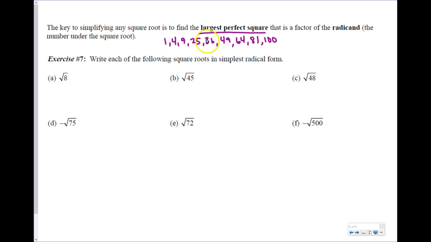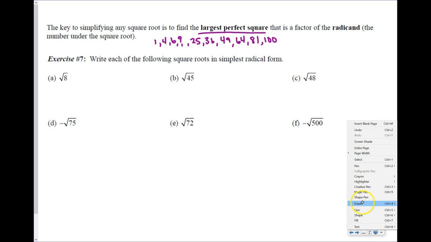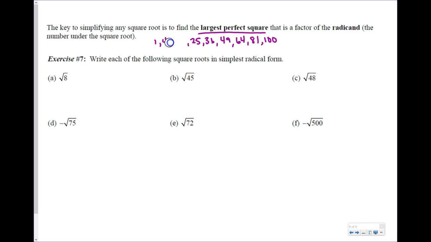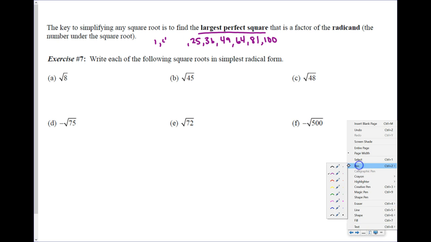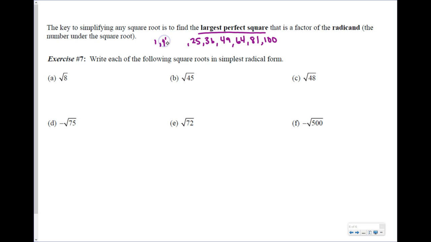If I were you at the Regents, when I sat down I would write these down on my paper somewhere: what are all my perfect squares?